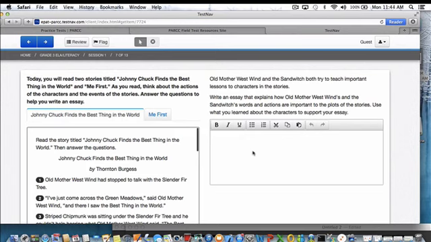And so in this particular example, I'm thinking to myself, okay, what do I need to do? I kind of need to remember. I also need to understand, and I kind of need to analyze. I need to be able to determine how the words and actions of the West Wind and the Sandwich are important to the plots of the story.